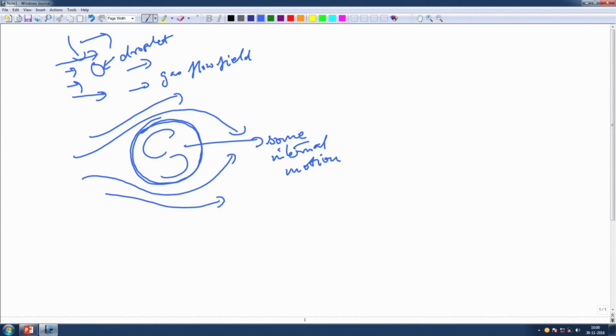So, we will see what that exactly means. In most of these applications, the droplet is moving with some relative velocity. If we define a Reynolds number for the gas phase, we will call it Re, but here I am writing it as Re_g just for clarity.